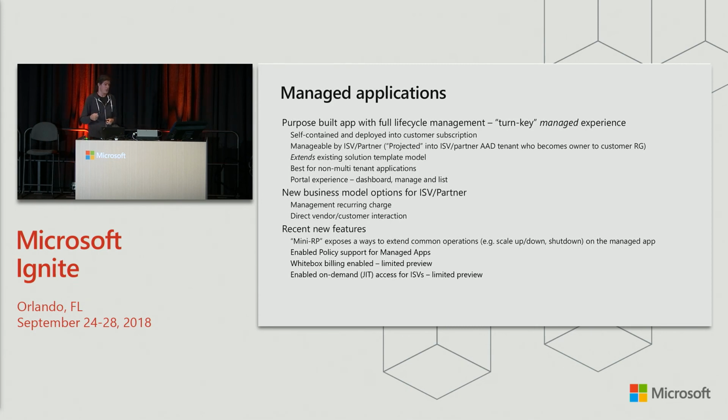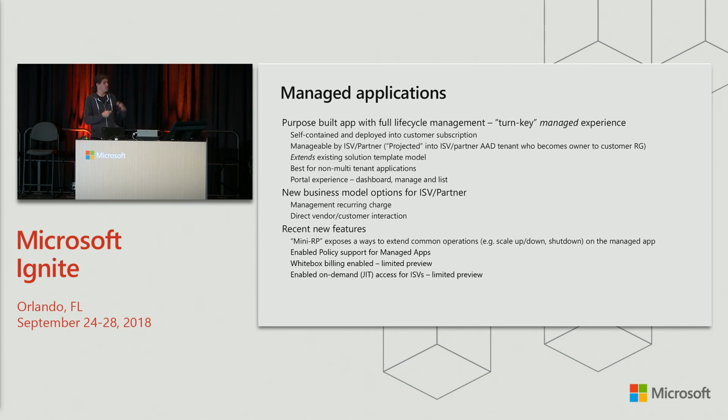We have a few new features so that a partner can expand what they can offer on these. And in yesterday's Jeremy Winter session, Chef demoed a preview of their managed application, where not only do they have the ability to create these, or a customer to create them, but they also have other actions that can be run on this managed app.